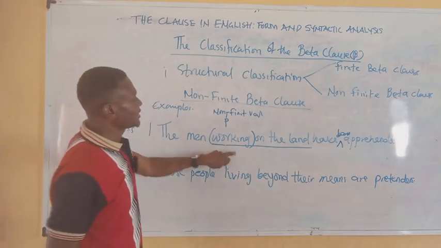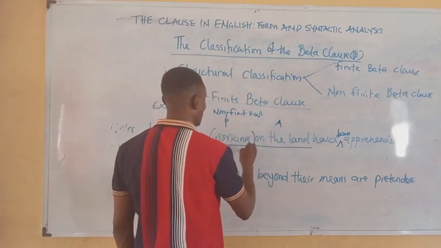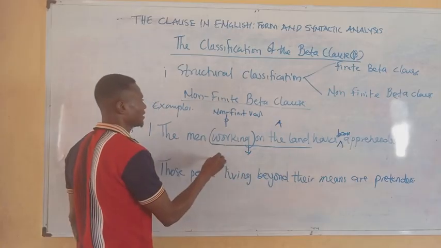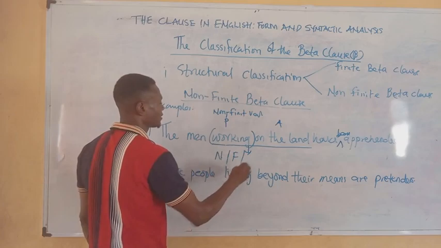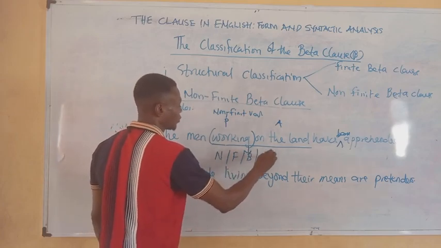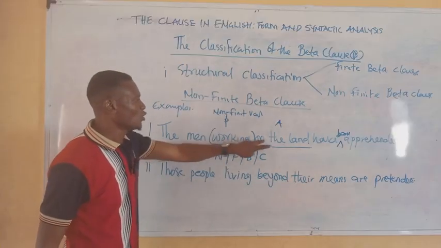So the working here is the predicator, and on the land is an adjunct. So this kind of group of words is referred to as a non-finite beta clause. That is, working on the land.